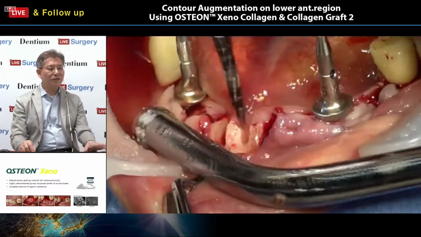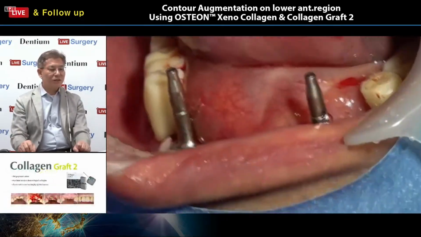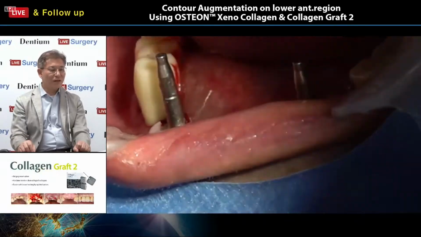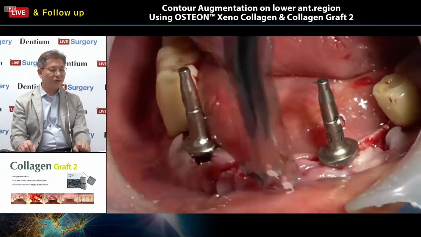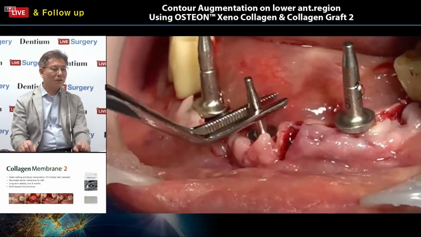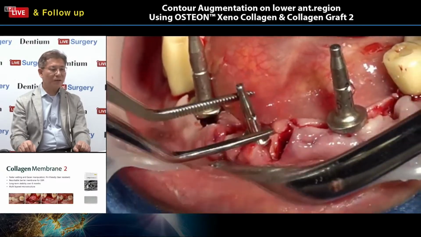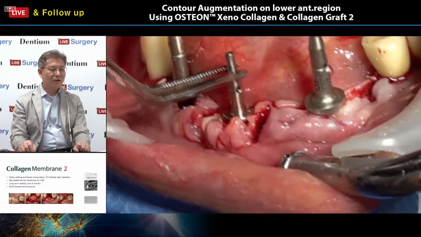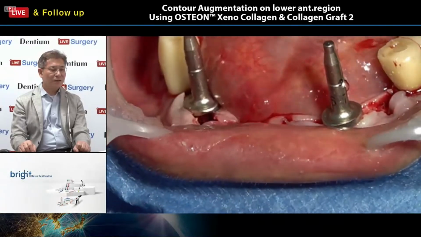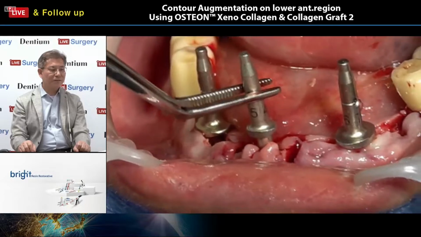This area, number 41, and the initial osteotomy was already done at number 33 and 44. And inserting the parallel pin, checking the parallelism and the direction of the osteotomy site.